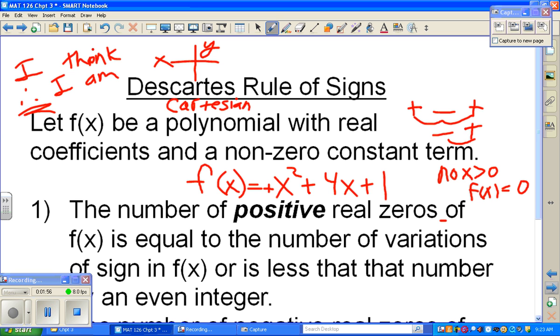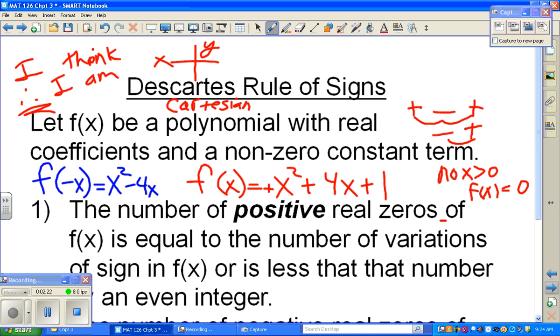He also said that if you put a negative x in, let's say it's f of negative x. What is negative x if you put it in for this and you square it? What do you get out? X squared. If you put in a negative x here and multiply it by 4, what do you get? Negative 4x. This is where people say, I'm confused. All I'm doing is putting in negative x for all the x's and seeing what comes out.